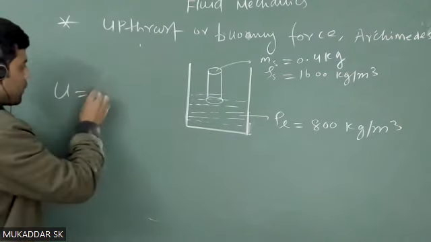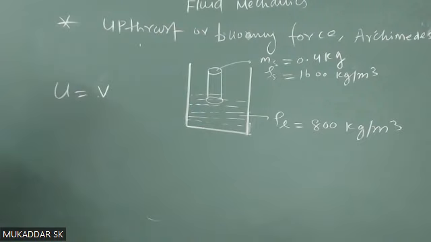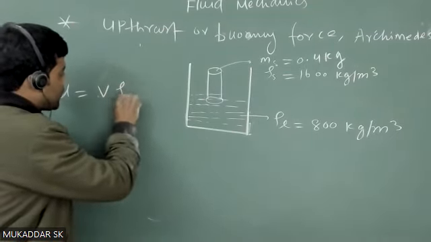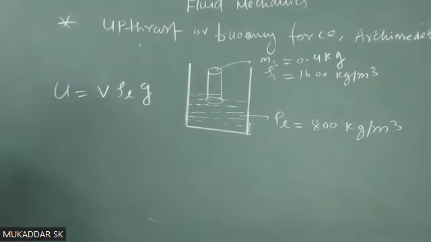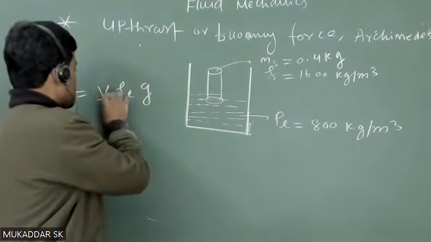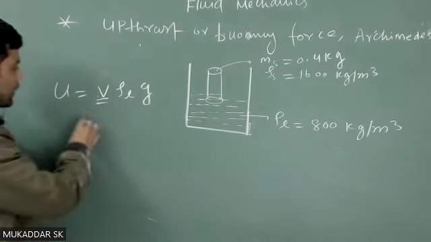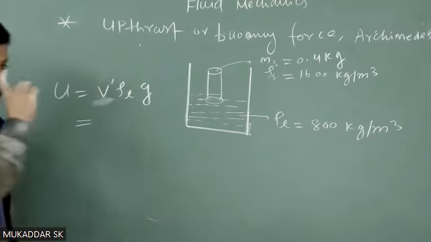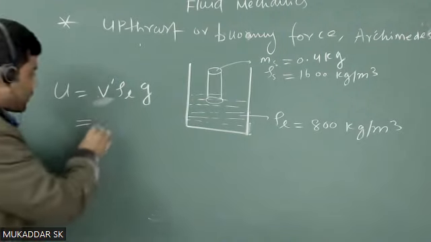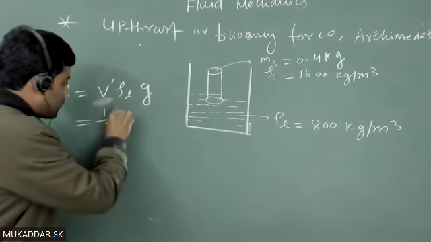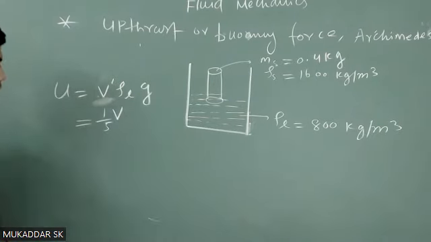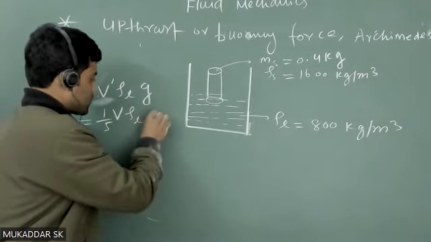So upthrust force is nothing but volume of cylinder inside liquid, and then density of liquid, and then G. Let us take V dash as the volume of cylinder inside liquid. And it is given that 1/5 of the total volume of cylinder is inside liquid. So V dash will be total volume of cylinder divided by 5, into density of liquid into G.